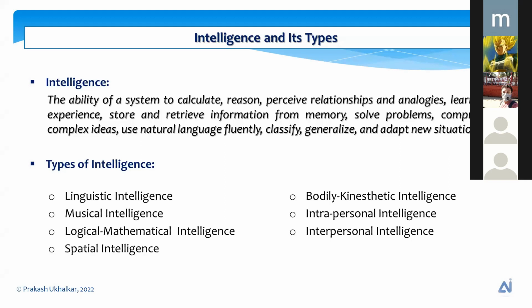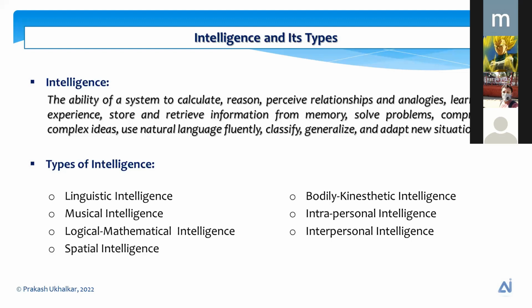Basically it is an ability of a system to calculate, reason, pursue relationships and analogies, learn from experiences, store and retrieve information from memory, solve problems, comprehend complex ideas, use natural language fluently like humans, classify, generalize, adapt to new situations, and deal with uncertain situations as well. That is intelligence as a whole, and that is what we want in our intelligent devices.